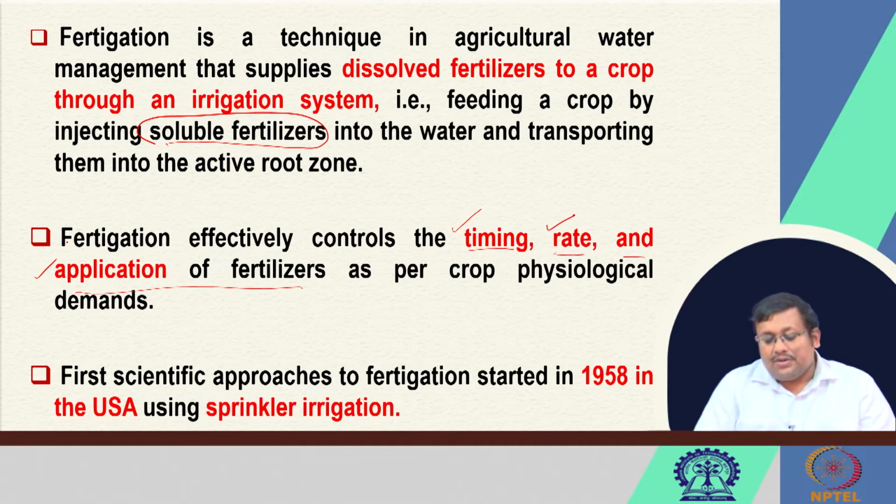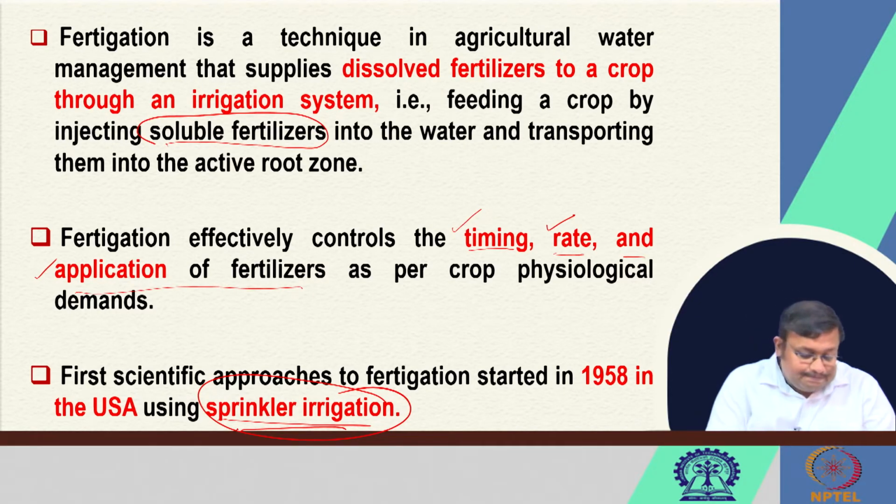The first scientific approaches to fertigation started in 1958 in the USA using sprinkler irrigation. We are going to discuss sprinkler irrigation later in this lecture, but remember that the first application of fertigation started in the United States.